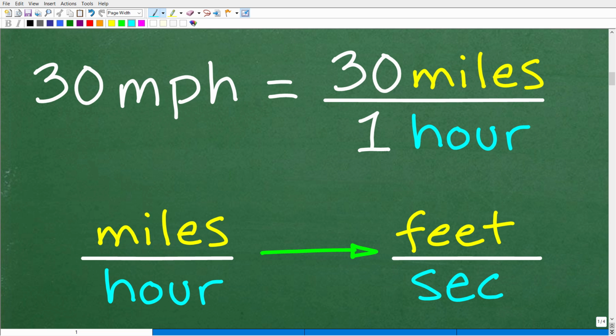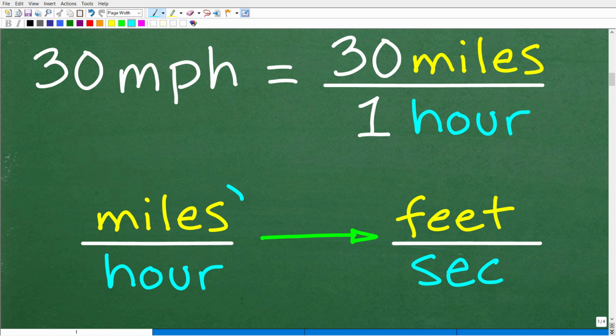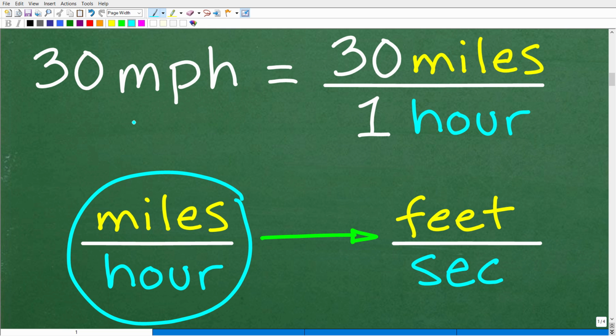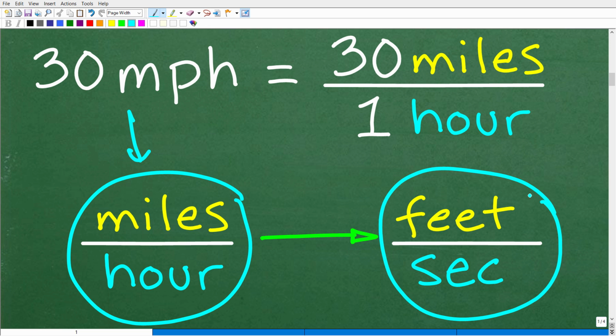So now let's say this car is going 30 miles per hour, so its speed is in miles per hour. But the question is, how many feet per second is 30 miles per hour? Now, if you look at this rate, what are we comparing? We're comparing a unit of distance to a unit of time.